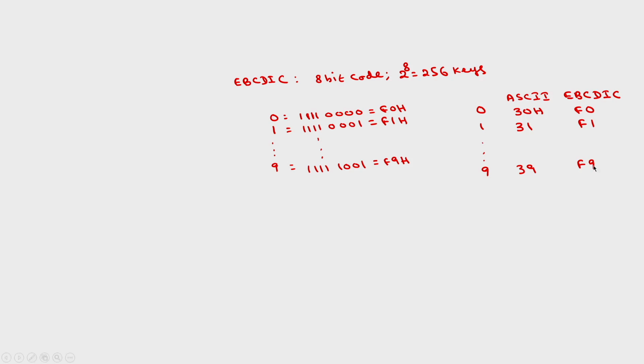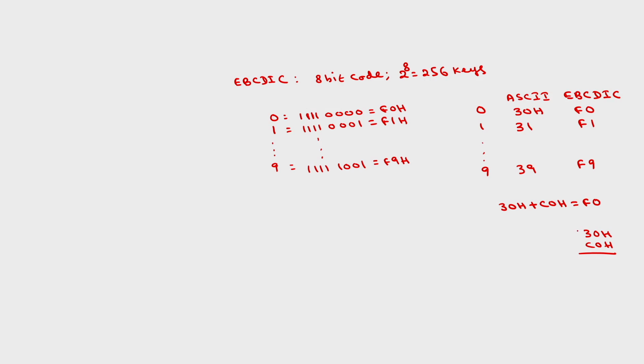So what is the relation to get the EBCDIC code from the ASCII code? How much do you have to add? This is 3 and this is F. You have to add 12. So F0 is 30H plus C0H.